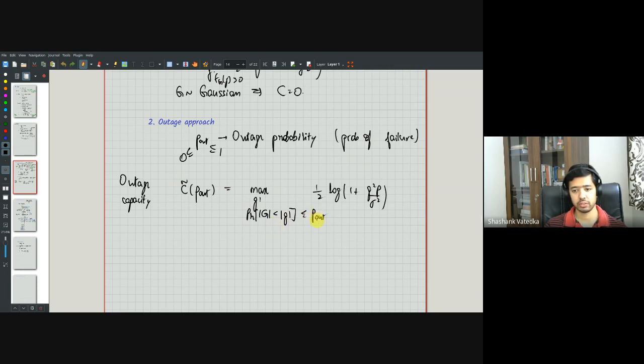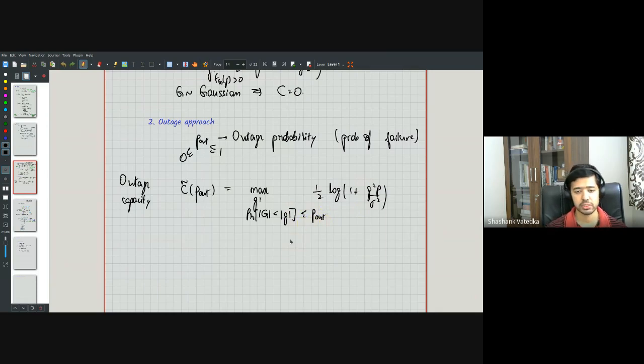So with probability 1 minus P out, you will be able to successfully decode the message, and the message consists of a sequence of bits at rate half log 1 plus g square p over sigma square for a suitably chosen g, so that the probability of outage is P out.